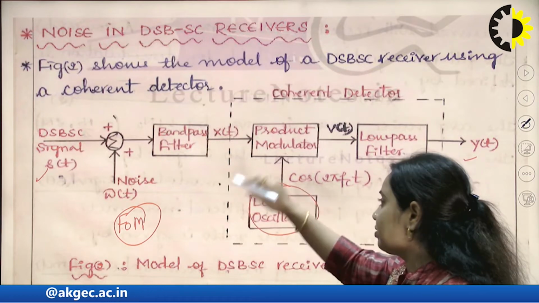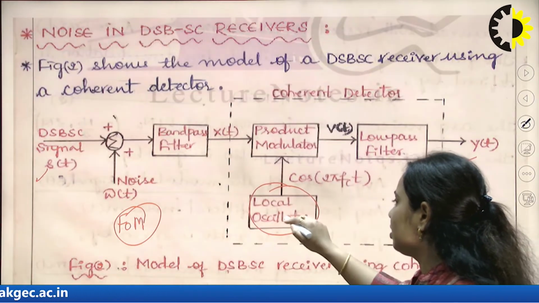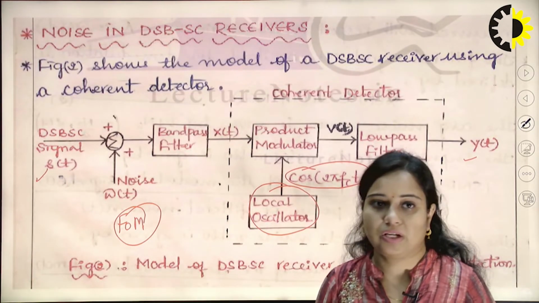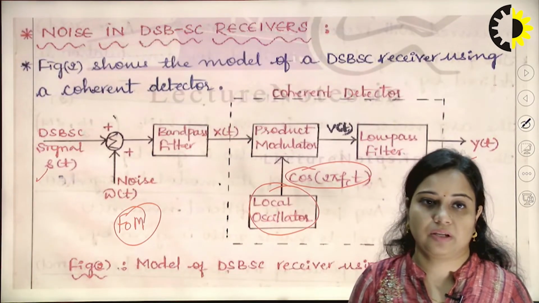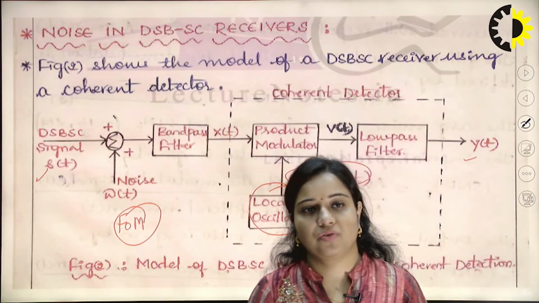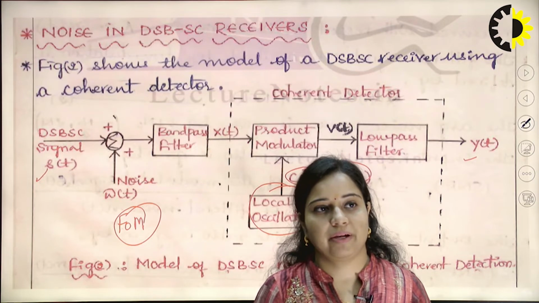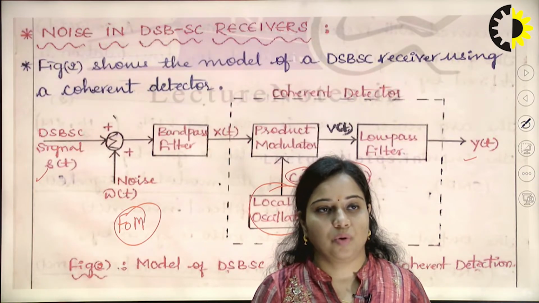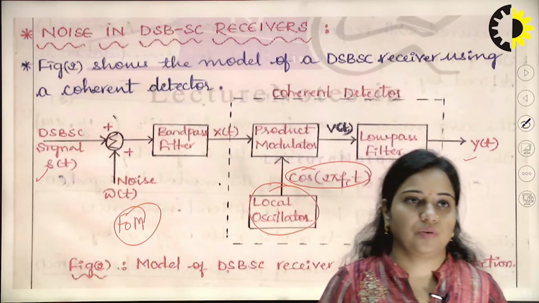Like you can see in this receiver model of DSB-SC, the local oscillator signal we considered at the transmitter has to be the same at the receiver side. Only then will the signal received at the output be the same as what we transmitted. That is the case of coherent detection or synchronous detection.